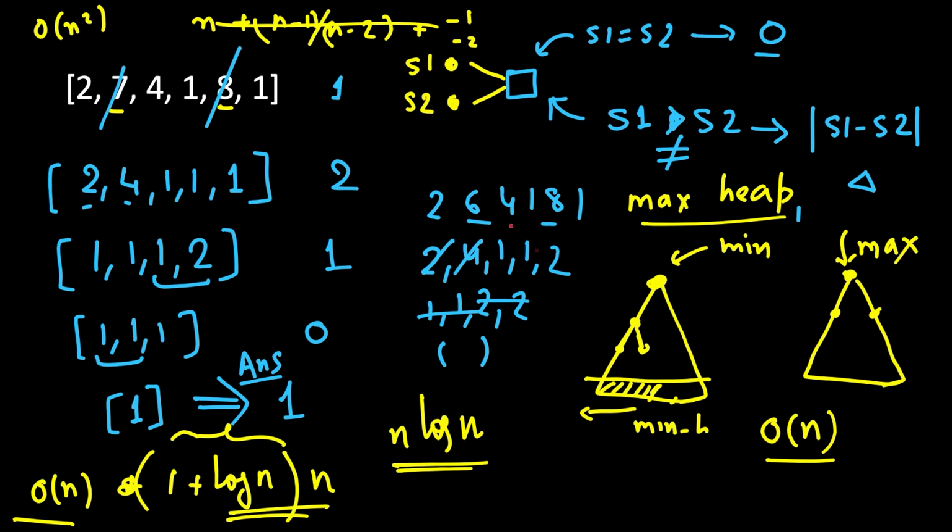Let's say the heap was 8 at the top, then 7, 4 or something like that. It doesn't matter. We pick 8. We do heapify again. So 7 will be promoted here and the heap will become 7, 4 or something like that. We pull out again and we heapify again.